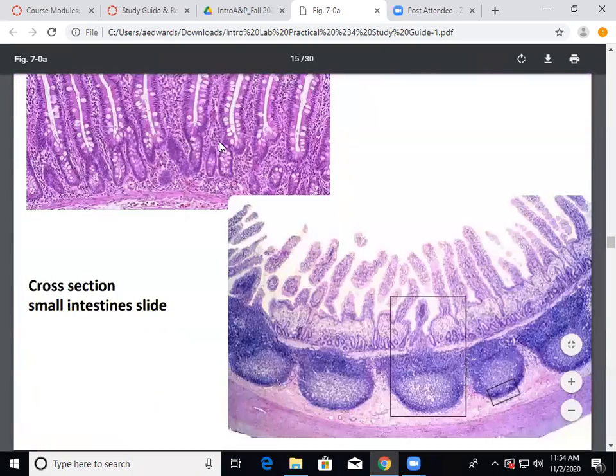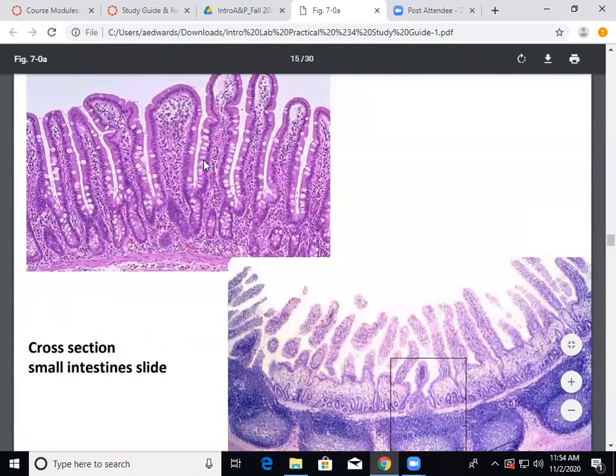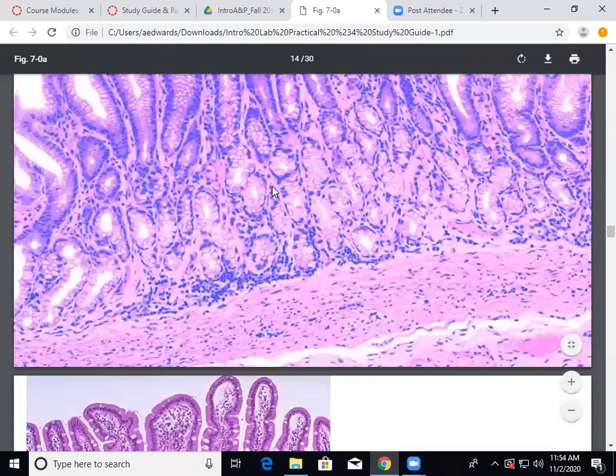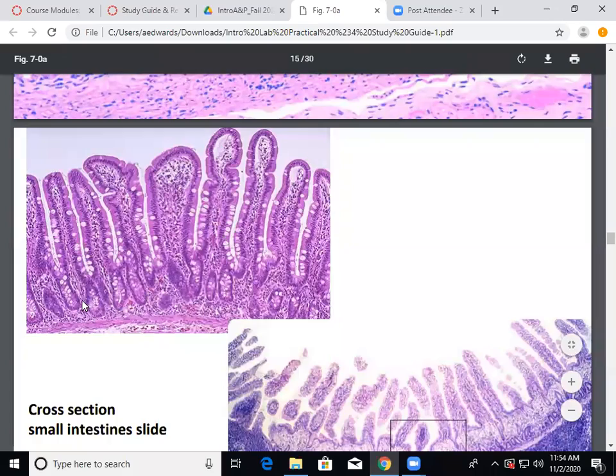All right, now on first glance, the small intestines might look similar to the stomach, but the staining is a little different, number one. You don't really have this layer of almost cuboidal type cells down here. You have a little bit of it, but not so much.